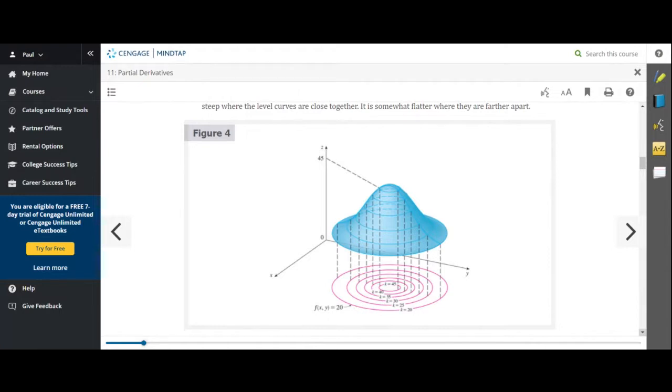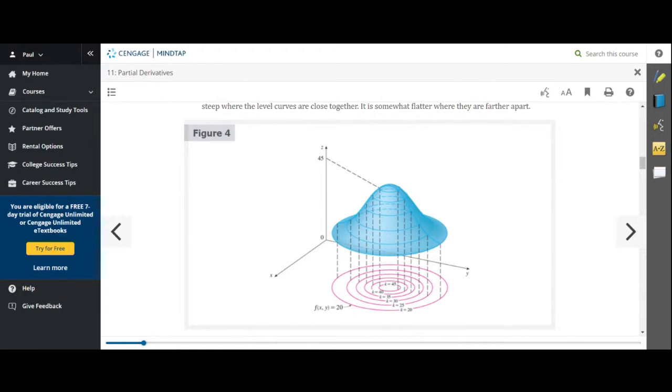You can see that in this surface, as you move out from the center, does it get shallower? Does the surface grow more quickly or less quickly as you move away from the center?